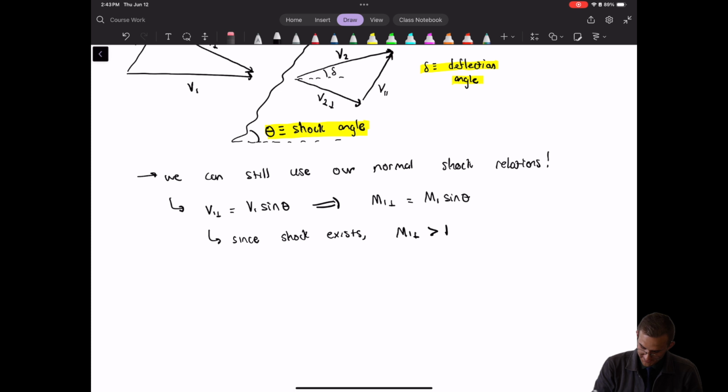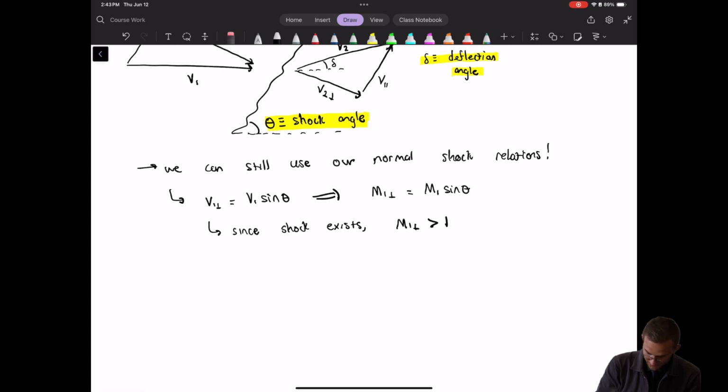So this requirement of M1 perp being greater than 1 imposes a minimum shock angle.